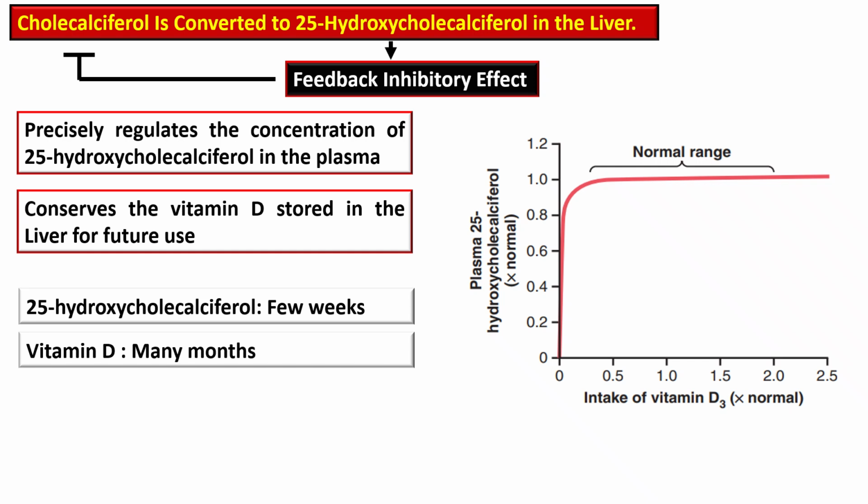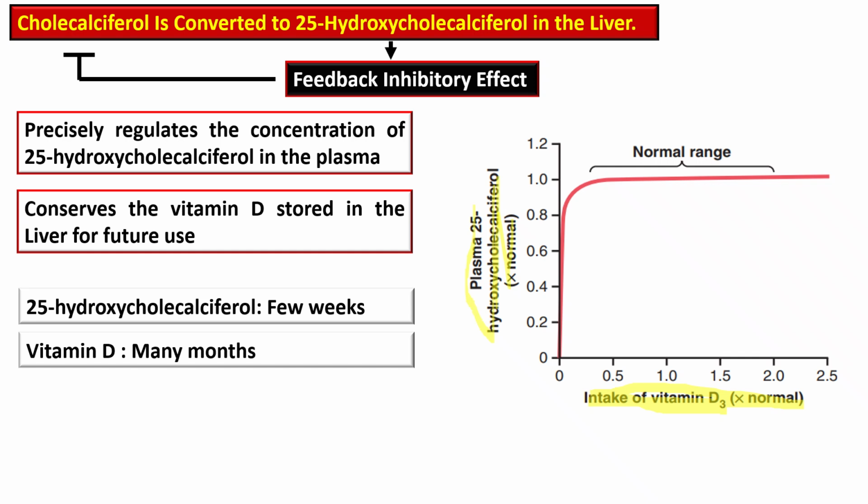This graph is illustrating the regulatory feedback mechanism in the conversion of vitamin D3 to 25-hydroxycholecalciferol in the liver. On the x-axis, the intake of vitamin D3 is given in multiples of the normal level, and on the y-axis, the plasma 25-hydroxycholecalciferol levels in multiples of the normal levels are given.